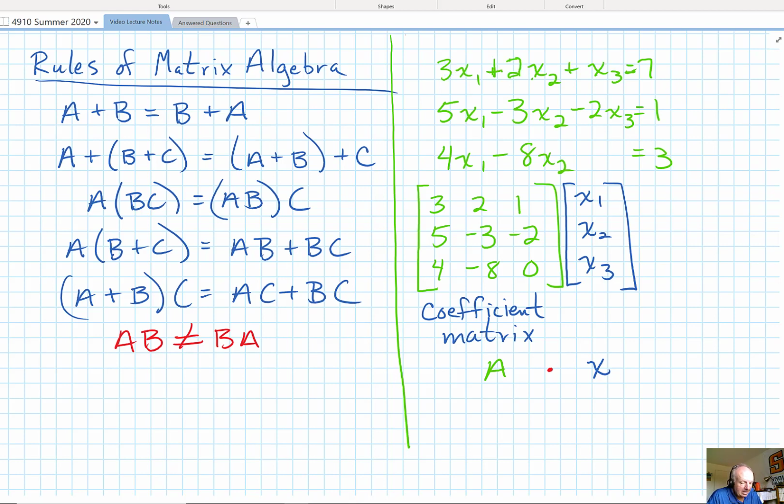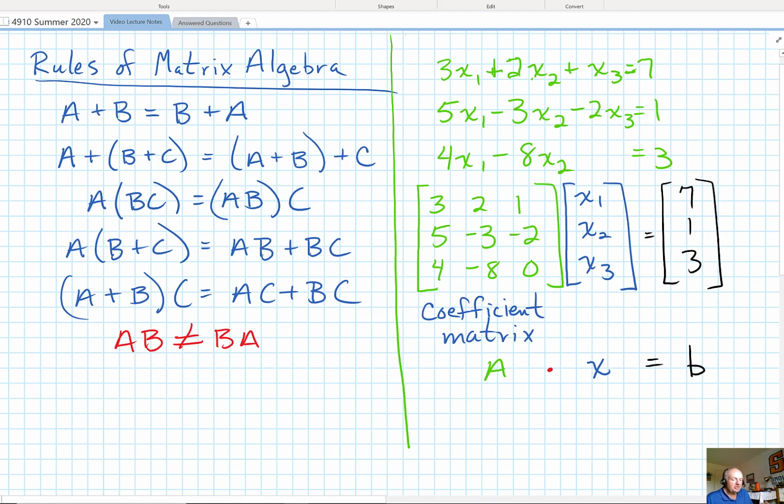Okay, so I can write my system of equations as a matrix, the coefficient matrix, times a column matrix of the unknowns, and I can set that equal to the right-hand side, which we'll most often refer to as B. Okay.